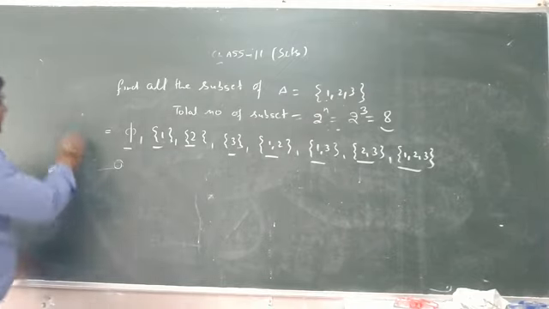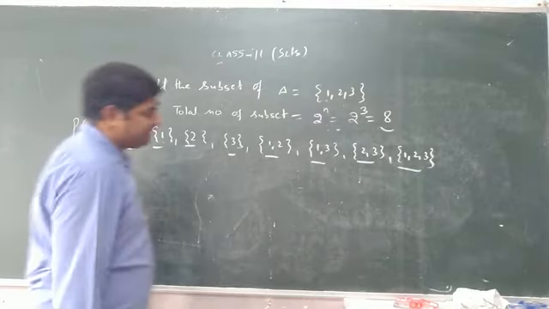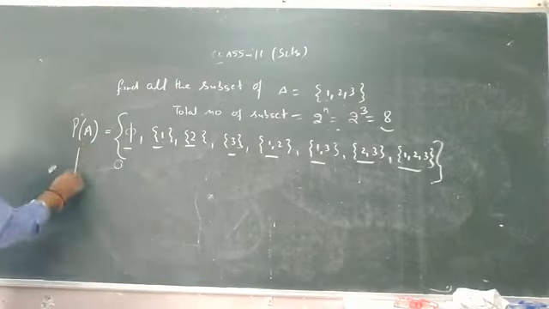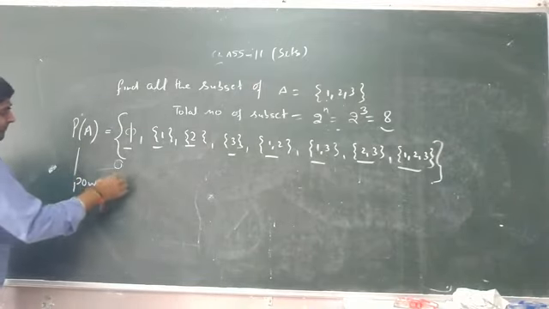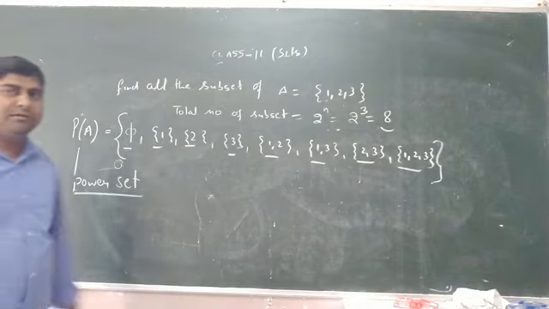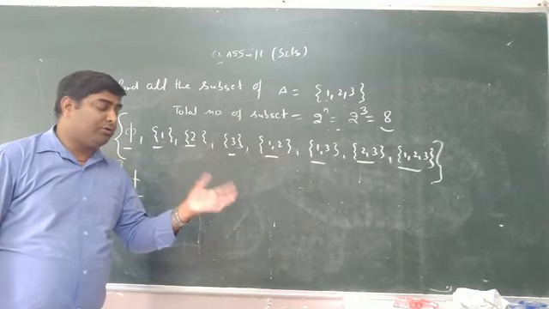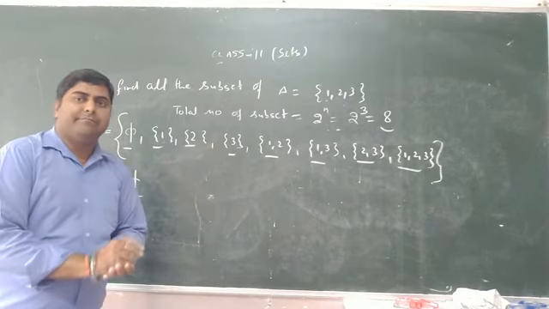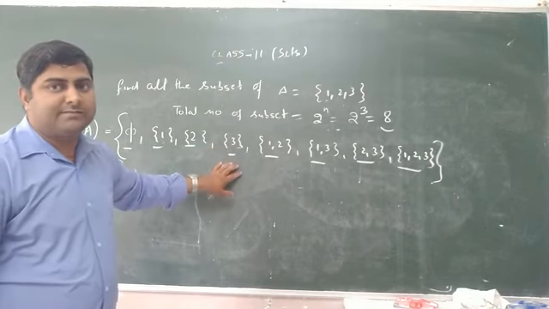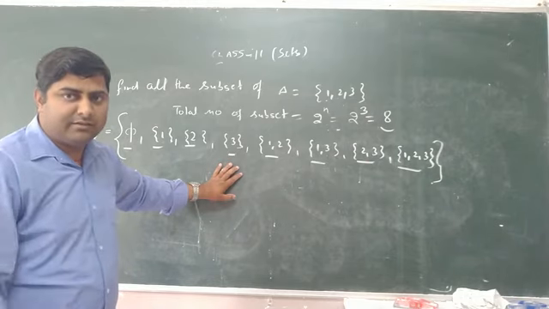When we write all these subsets in the form of a set, like this, it is called the power set. And if the question comes, write the total number of, we say superset, or we can say proper subsets. Superset means the set which contains the other elements.